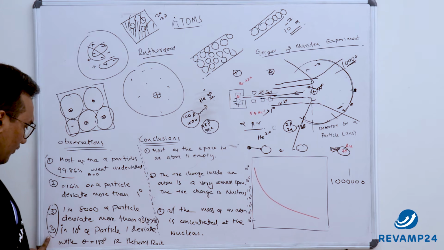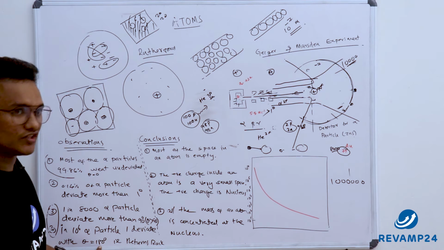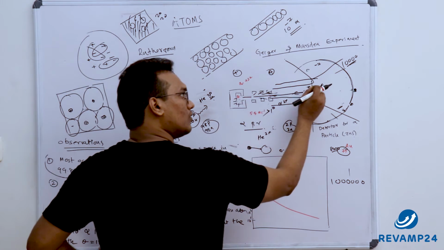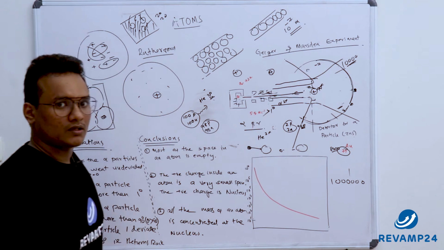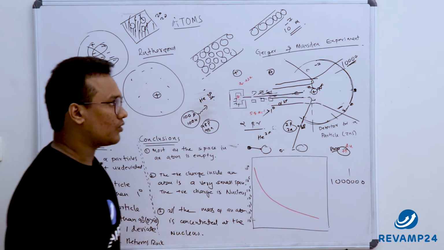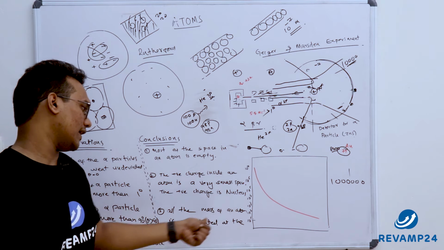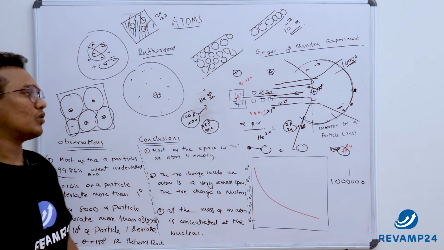Okay, now what is the fourth point? It has deviated by an angle of 180 degrees, which means after collision it has returned back. Now why can't both move in line after collision? Because this one is heavier. So what is the observation? All the mass of an atom is concentrated at the nucleus.